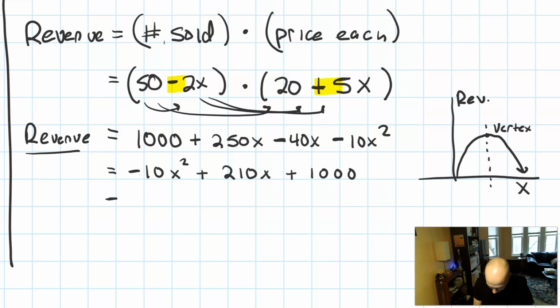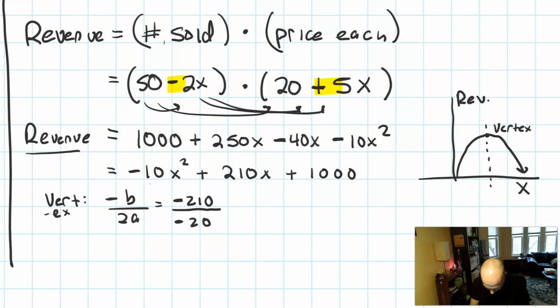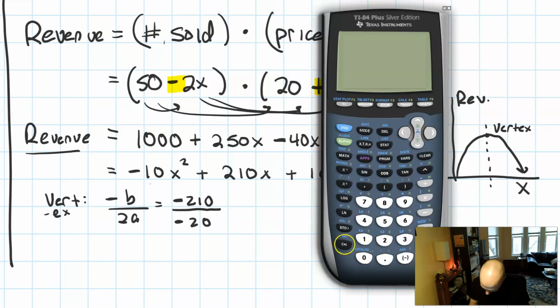Well, it'll be at its maximum at the vertex. So let's do negative b over 2a, which is negative 210 over 2 times negative 10, which is negative 20. I know it's going to be positive. 10.5.